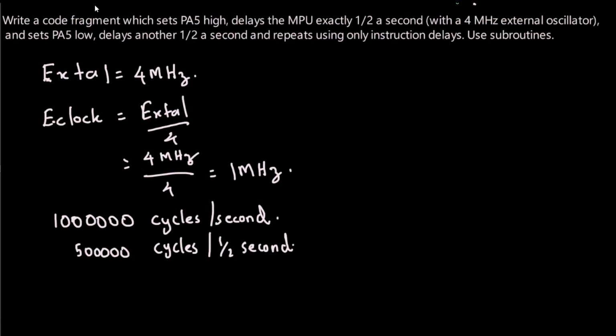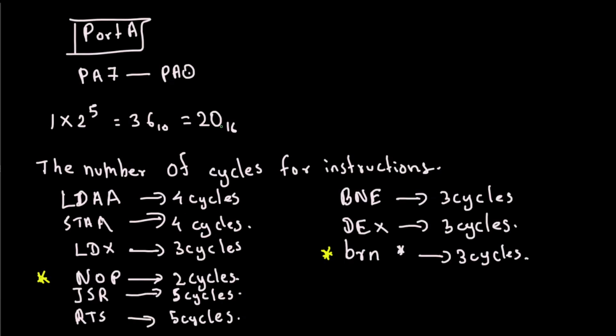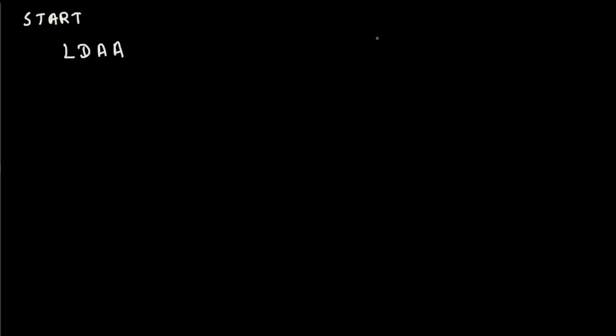First we have a start, and the question says to set PA5 high and then PA5 low. To set that, we load accumulator A with the value. For PA5, as we just found, we should load 32, that's 20 in hexadecimal.